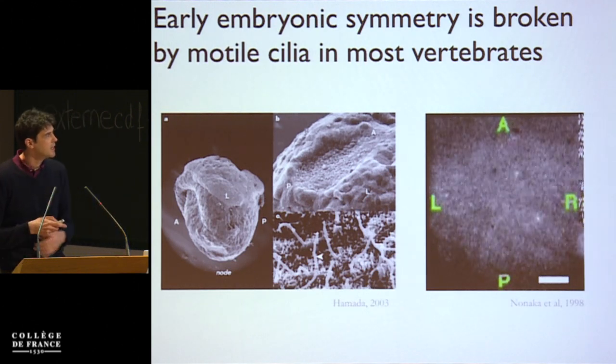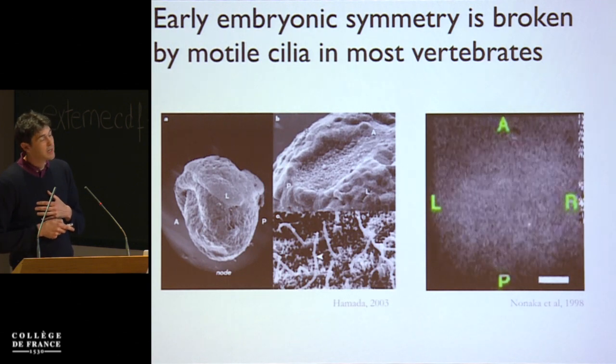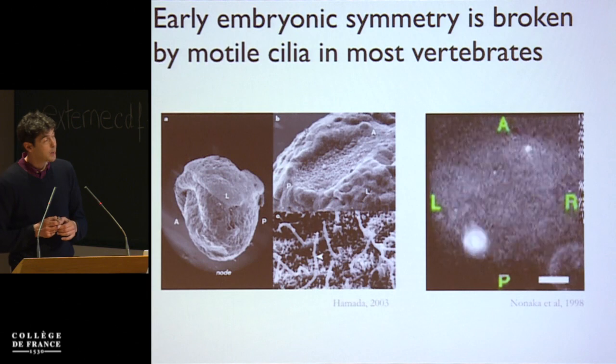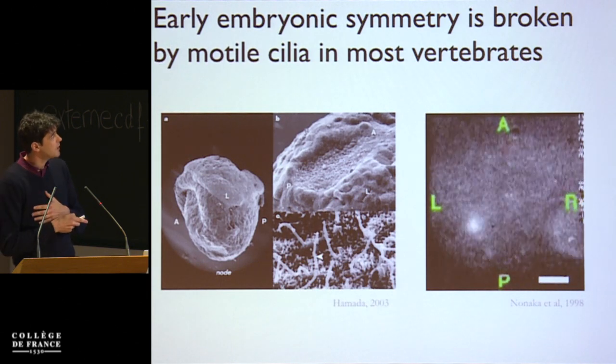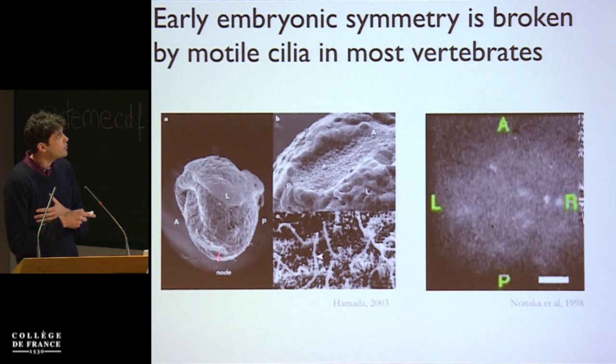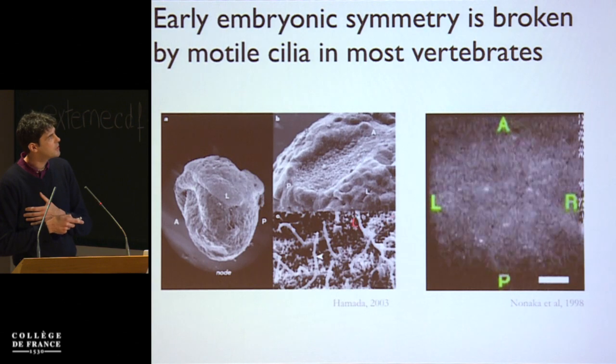It turns out that some decades ago, two Japanese groups, the group of Hiroshi Hamada and the group of Hirokawa, proposed that actually this is an active process which is happening within the left-right organizer. So in mouse, the left-right organizer is called the node.